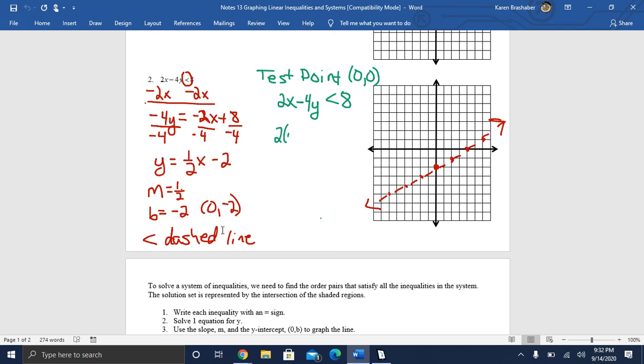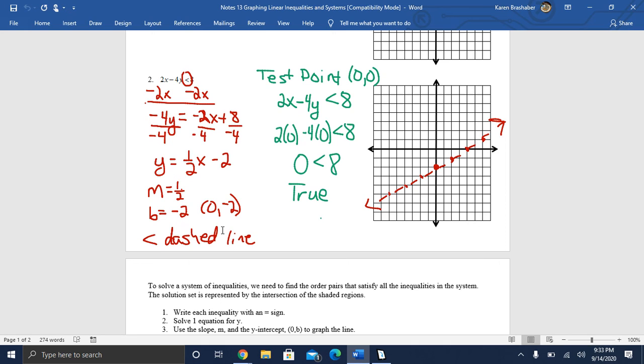So plugging in 0 for the x and plugging in 0 for the y. Again, you must do this in the original problem. Otherwise, you may have a problem with your inequality. So always do the test point in the original problem. This is going to give you 0 is less than 8. This is again a true statement.